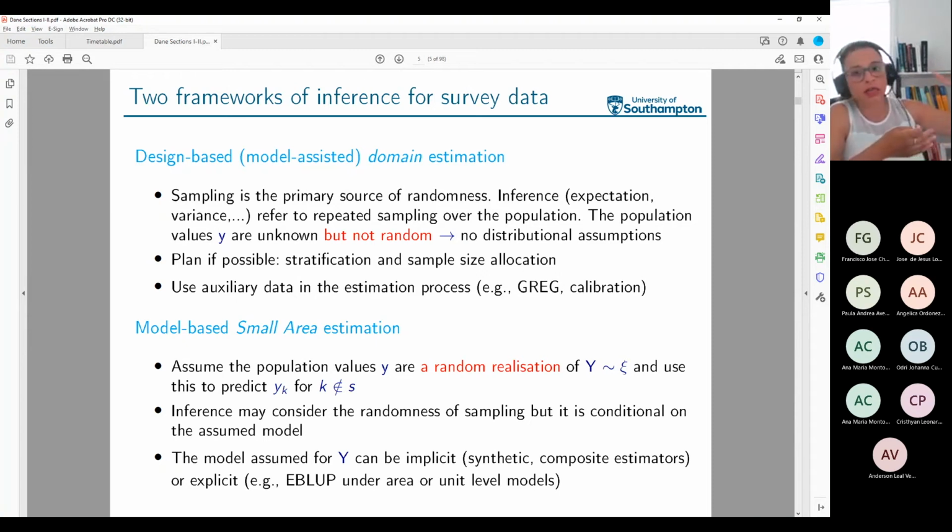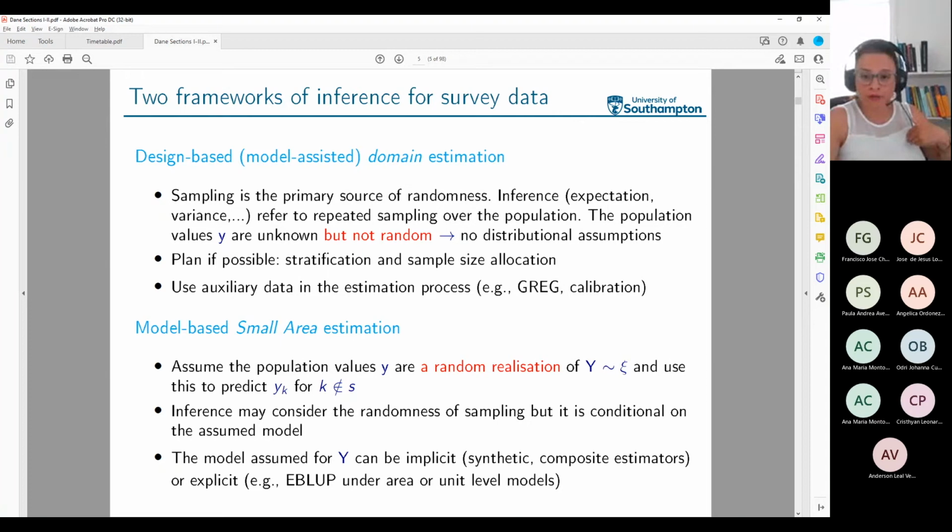You make an allocation. You say, I'm going to go to every single municipality. And here, this is a small municipality. I need this amount of sample size. And in this other one, I need more. And in this one, I need less, and so on. But you plan. That's what I was mentioning before as plan domains. If you want to estimate for domains, then if possible, plan for those domains. That's what you do from this framework of inference in the design stage.